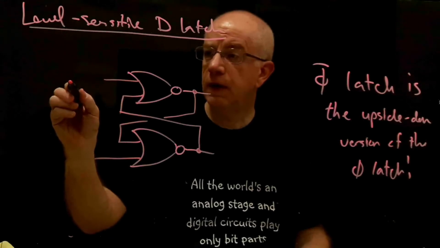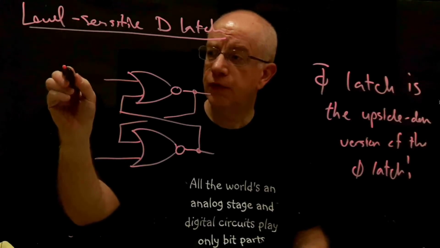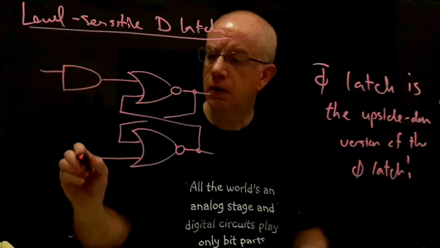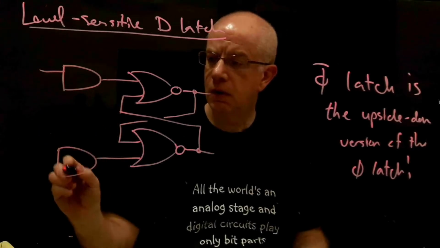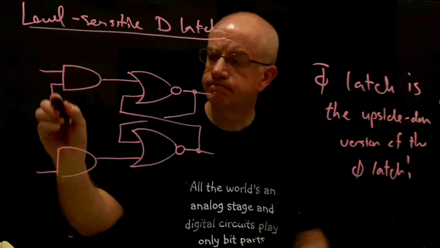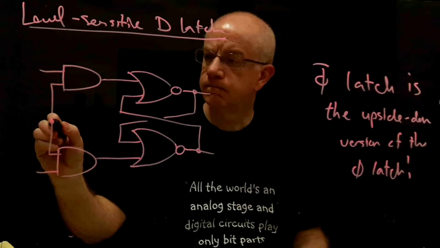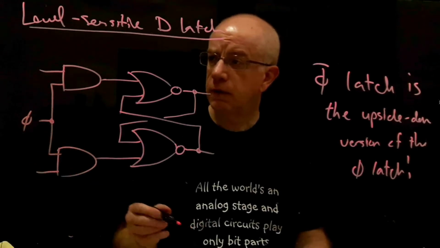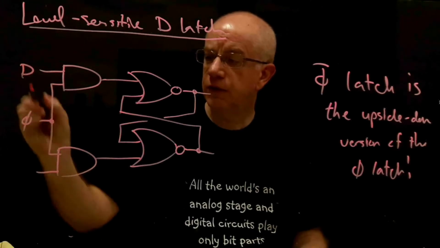And that would be fed by basically two AND gates. And so this would be the clock, and this would be D, let's say, and D bar.